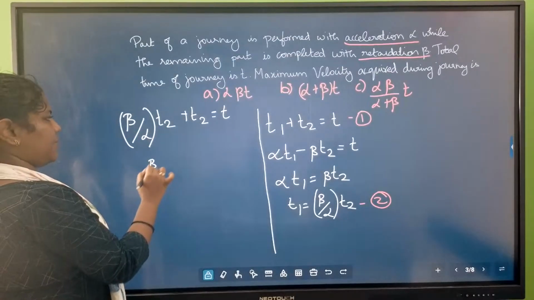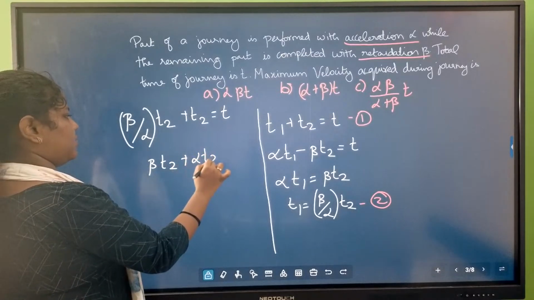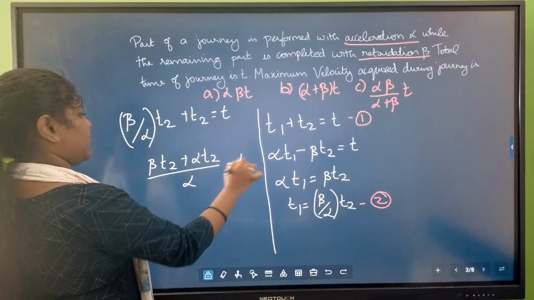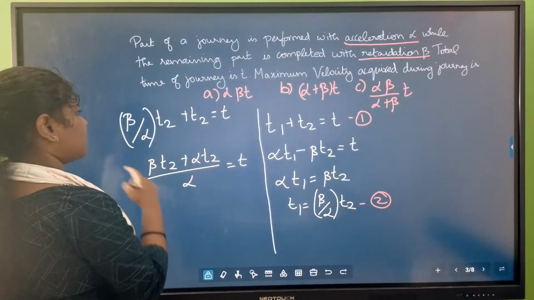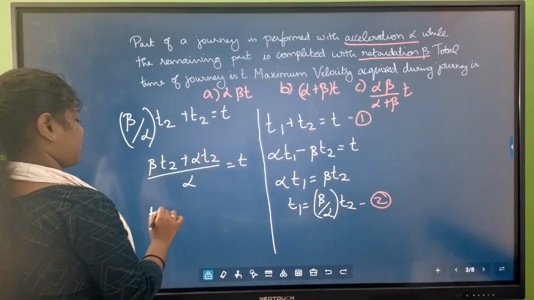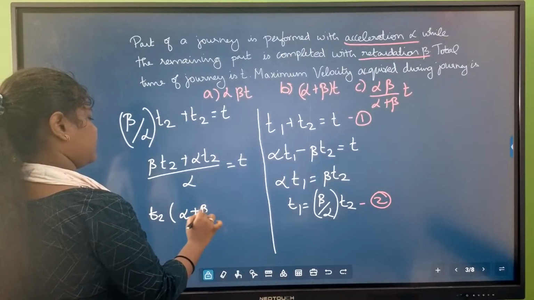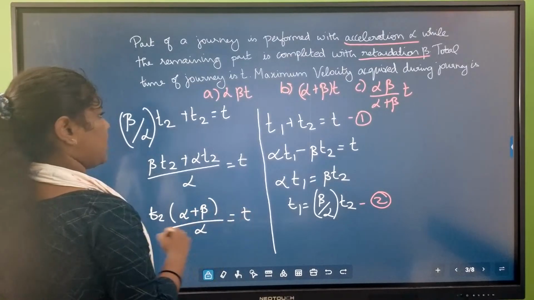Beta T2 plus alpha T2 divided by alpha is equal to T. Am I correct? இப்போ T2 காமன் எடுத்தீங்கன்னா alpha plus beta divided by alpha is equal to your total time.